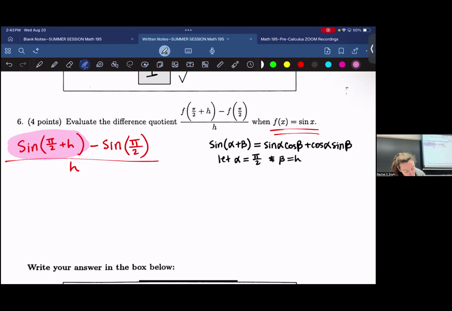So let us substitute it in now. We end up getting sine of pi over 2 cosine of h plus cosine of pi over 2 sine of h.